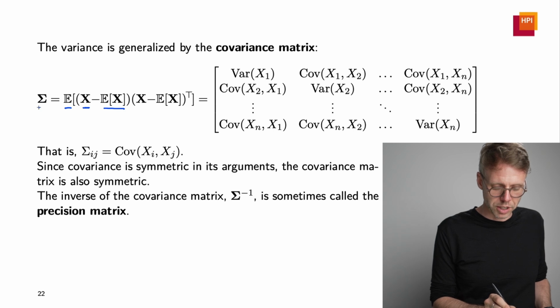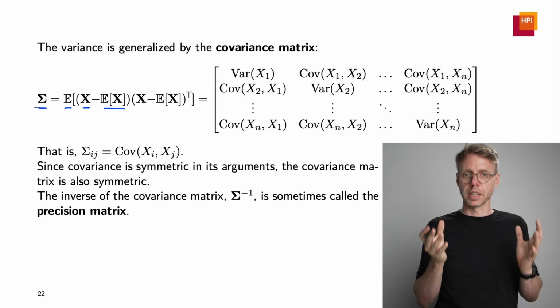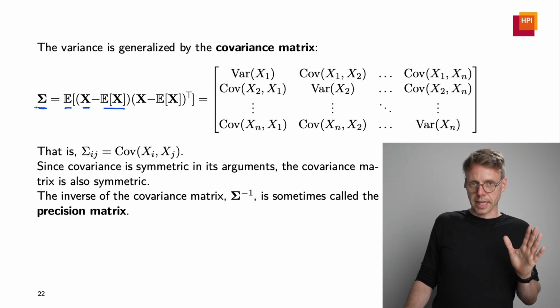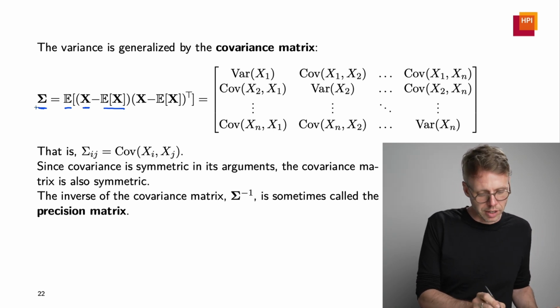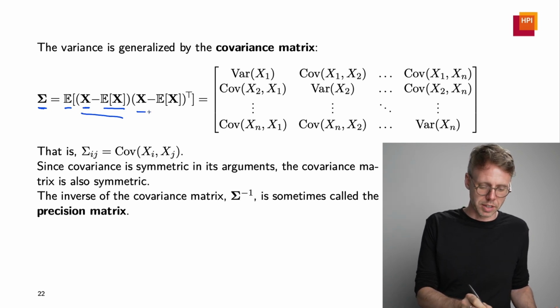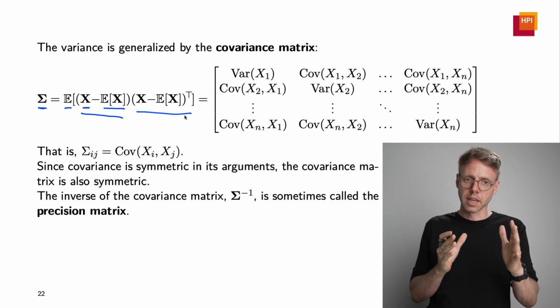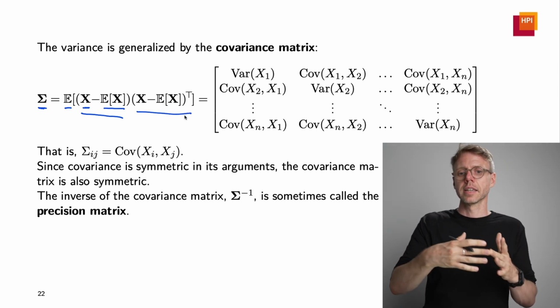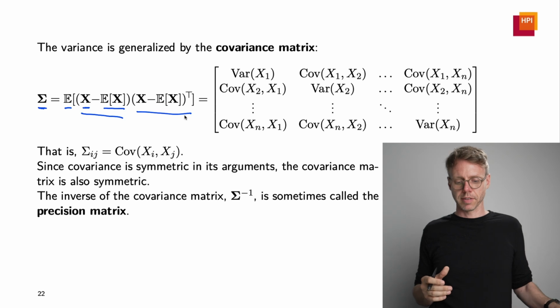And it is denoted typically with the uppercase Greek letter sigma. As we're taking an outer product of an n-dimensional vector with itself, the resulting matrix is n times n. So it has n squared values.